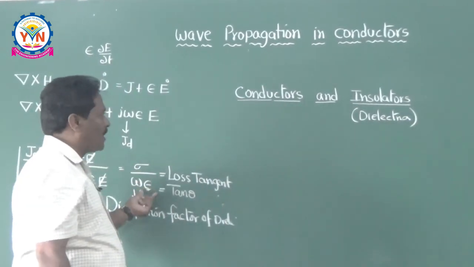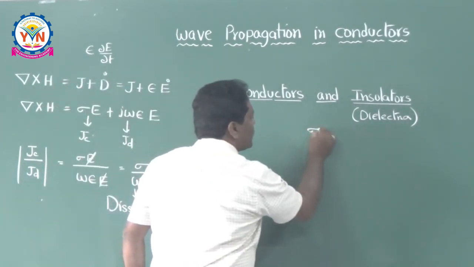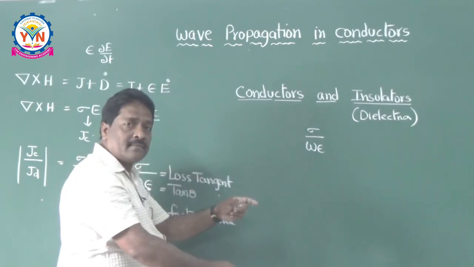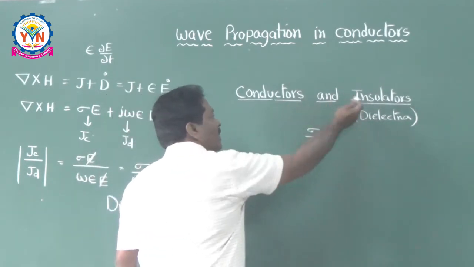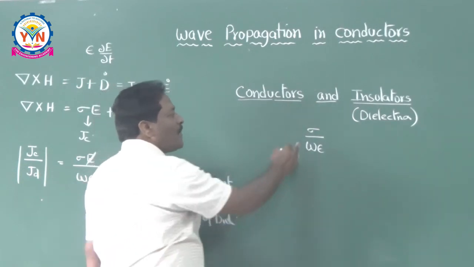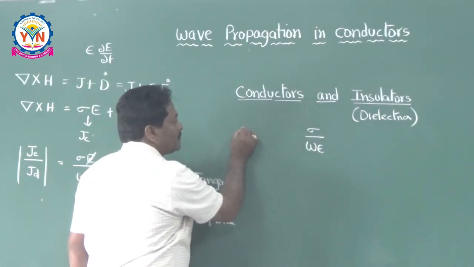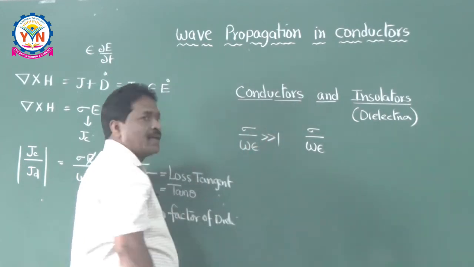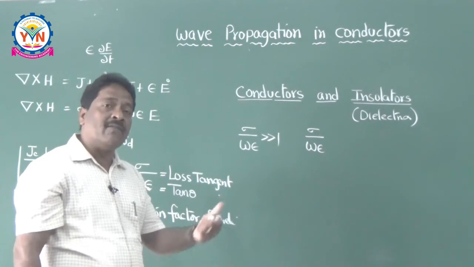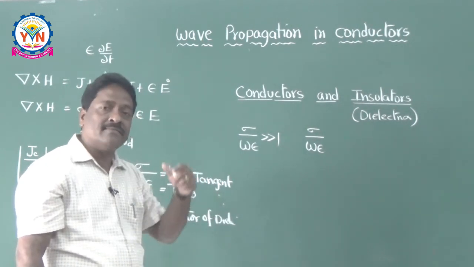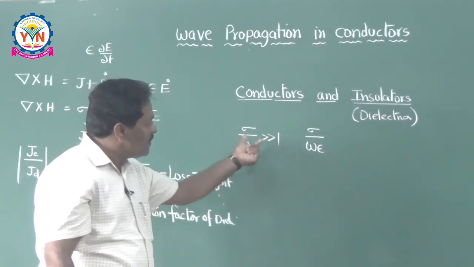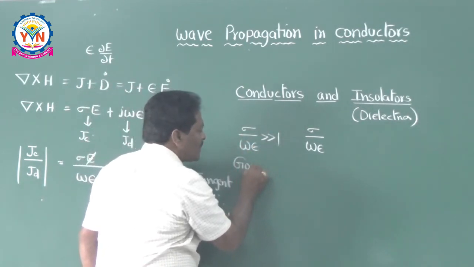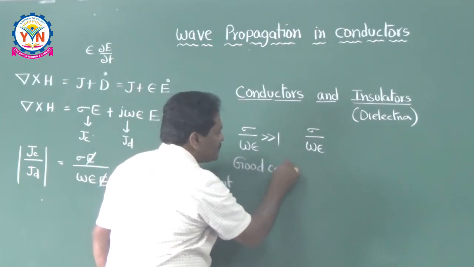Sigma by omega epsilon is the demarcation line, a line which separates conductors and insulators. If sigma by omega epsilon is very much greater than 1, for copper or silver it will be around 3 into 10 to the power of 8, very big values, I can say it is a good conductor.